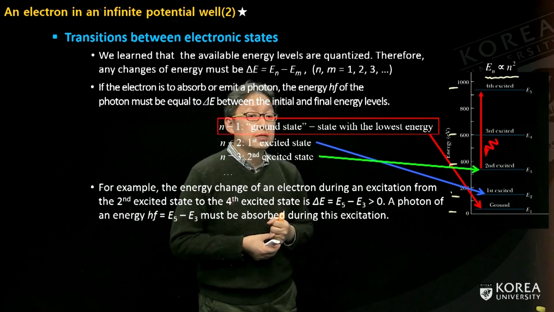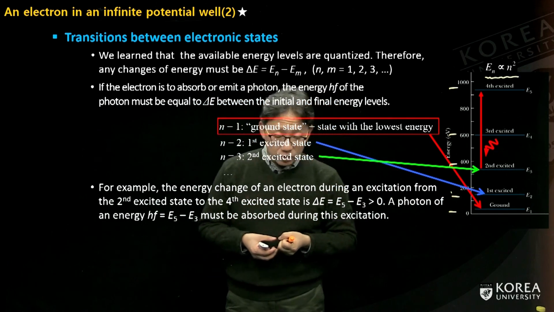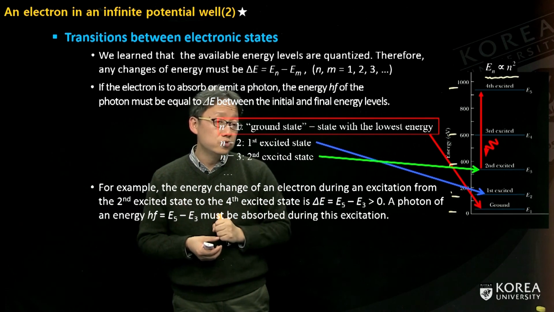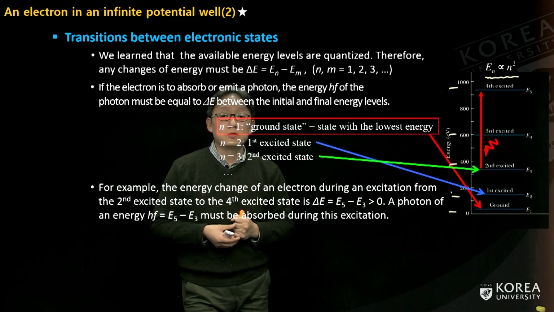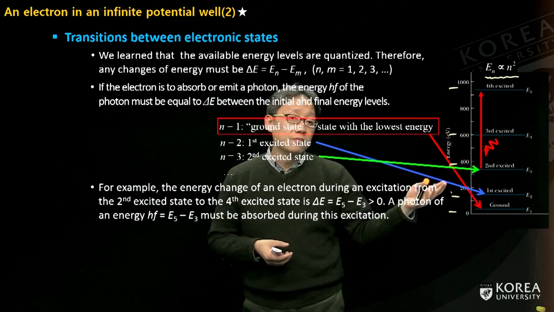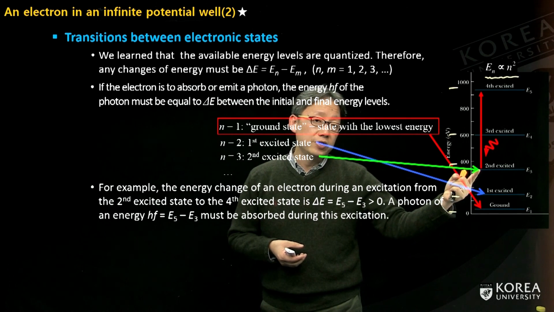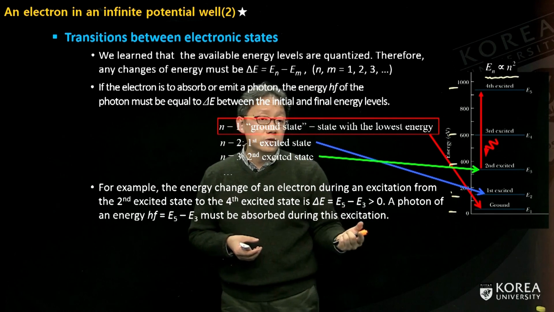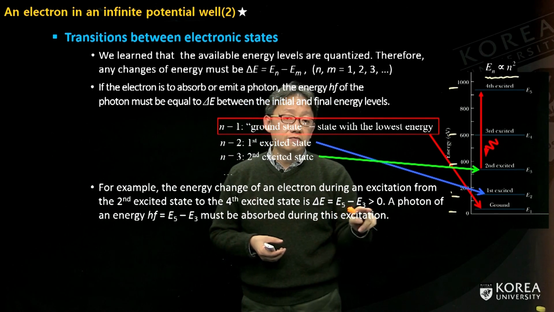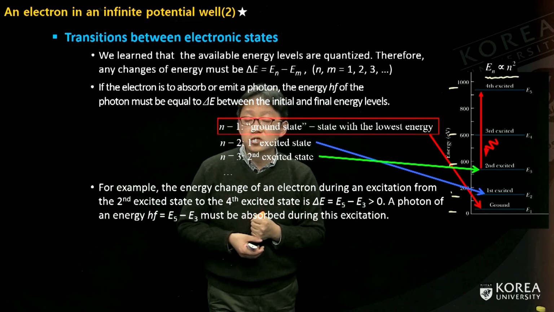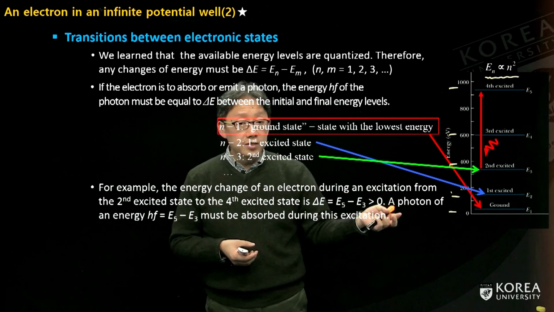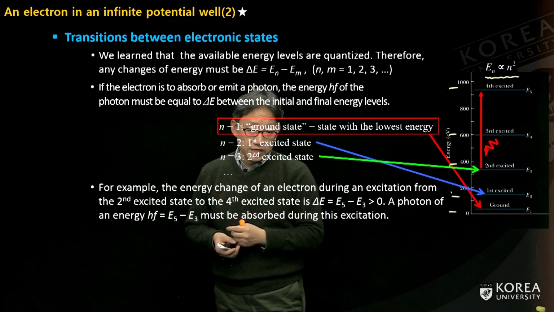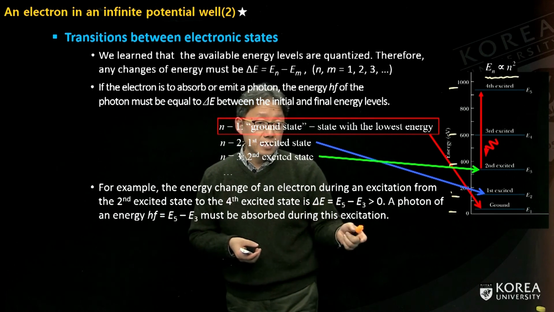We can send light, actually a photon, which has exactly the same amount of energy as the difference between these two states, and make the electron go up. So the energy has changed from E3 up to E5. Therefore, the difference of energy that the electron gained is E5 minus E3, which is a positive number. So the photon, which has the exact amount of energy of E5 minus E3, has to come in and make the electron go up.